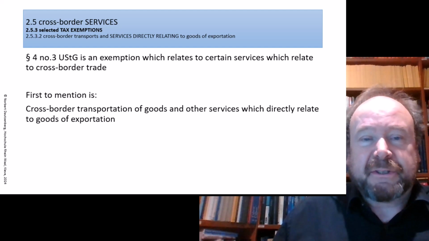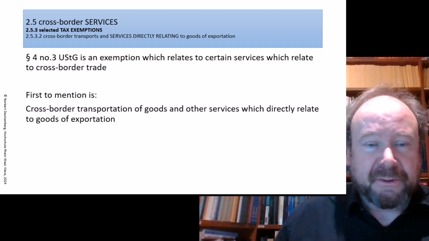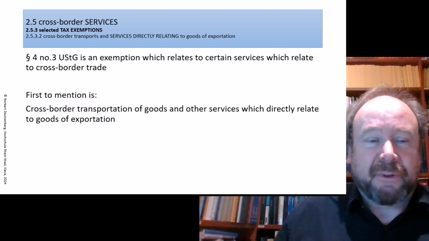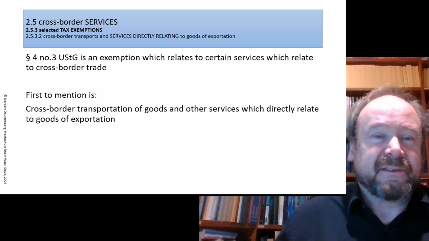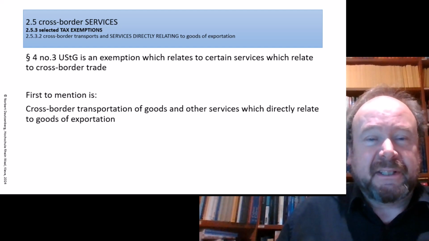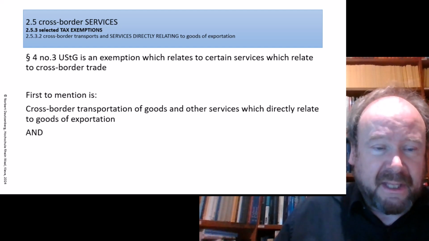The first thing which we need to mention is that this relates only to goods which are exported, and also other services than transportation are free if they directly relate to goods of exportation.